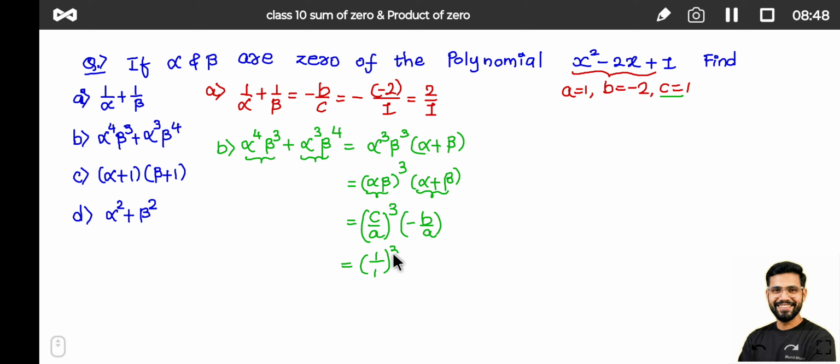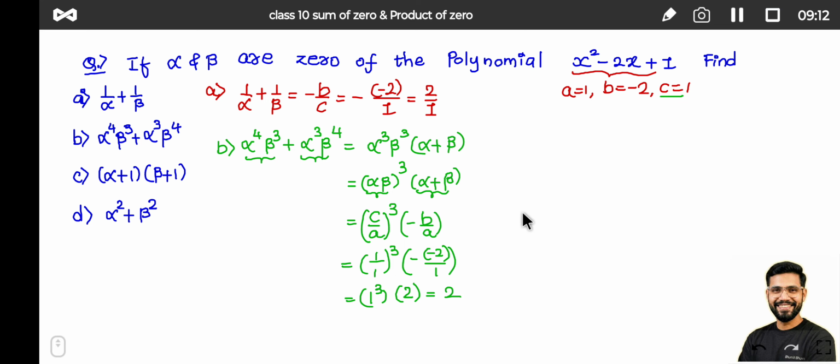So 1 upon 1 the whole cube, into minus b, which is minus 2, upon a, which is 1. If we solve this, 1 upon 1 is 1, and 1 cube is also 1. Minus minus gives plus, so 2 upon 1, which is 2. So 1 cube, which is 1, into 2 is 2. So the answer for the second is 2.